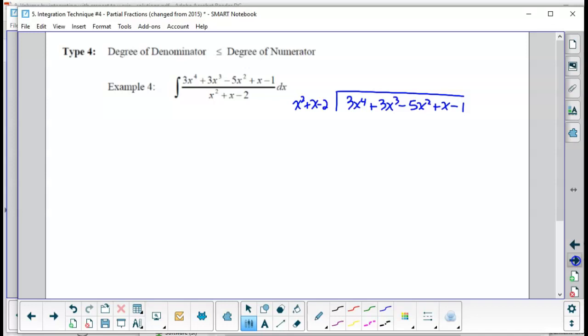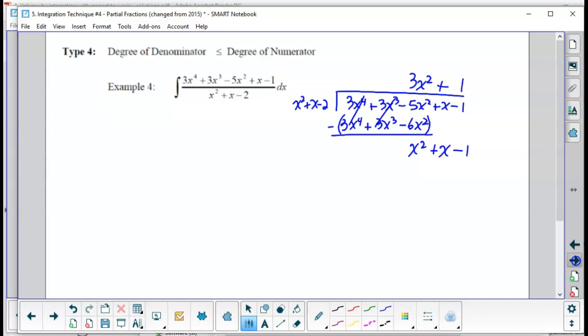Okay, so x squared goes into x to the 4th, x squared, and there's a 3. So I'm going to put that above the x squared. So those subtract, and then negative 5x squared plus 6x squared is x squared. Bring down the x and the minus 1.